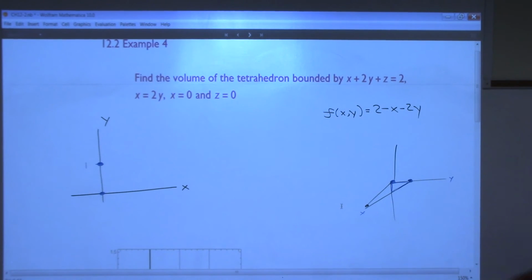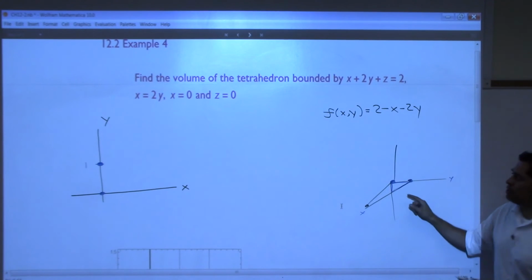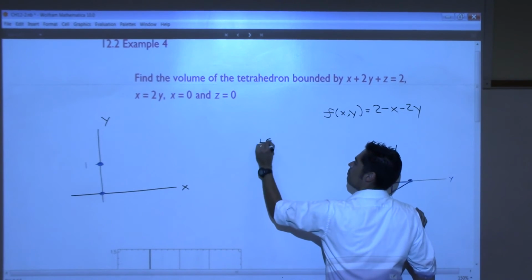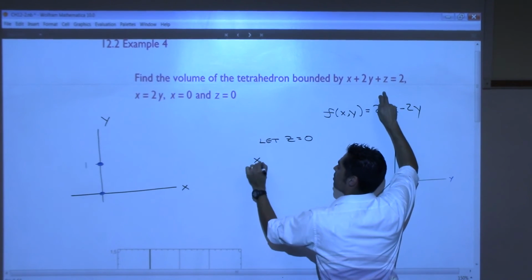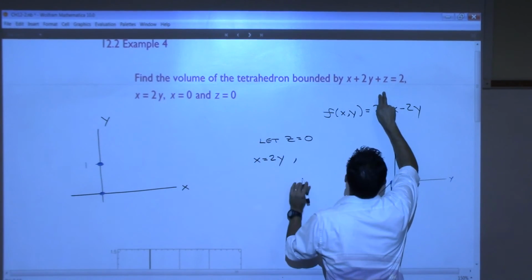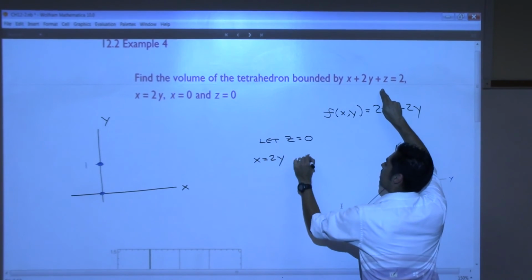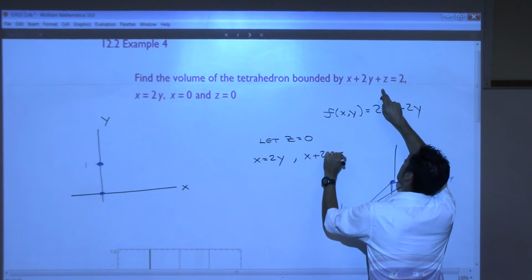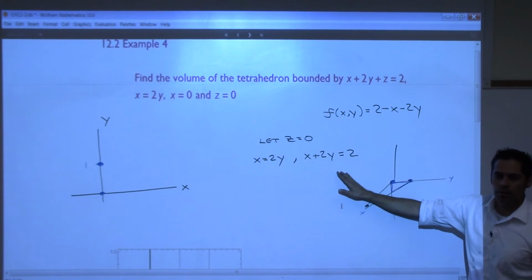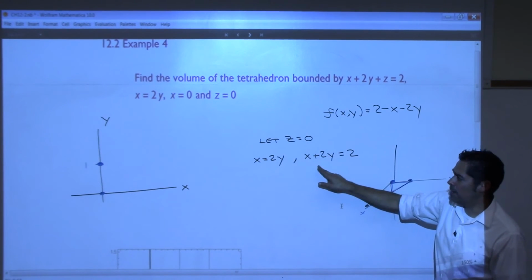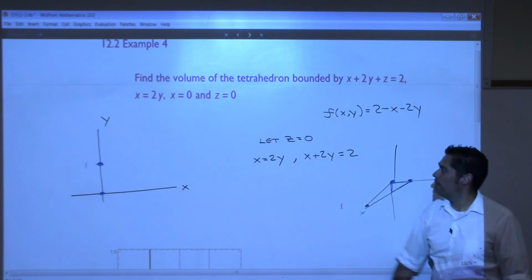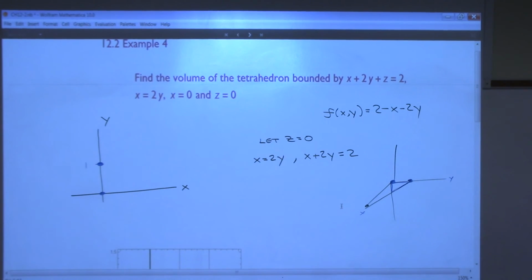Well, where they hit each other, they're both on the ground, right? XY plane. So when they hit each other, z is 0. So I'm first going to let z be 0. That way I'm on the ground. The second equation, with z being 0, is x plus 2y equals 2, right? If z is 0, that's what the plane is, and that's what that plane is. Two equations, two unknowns.